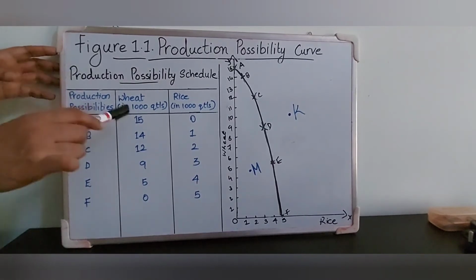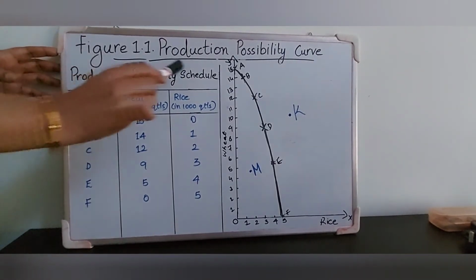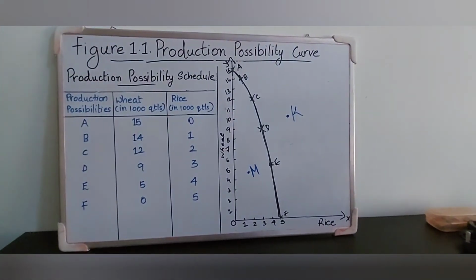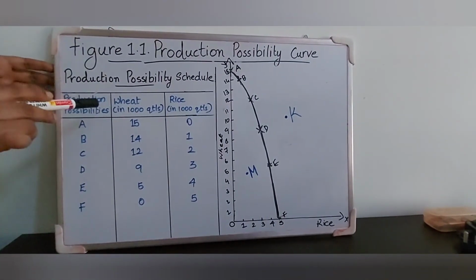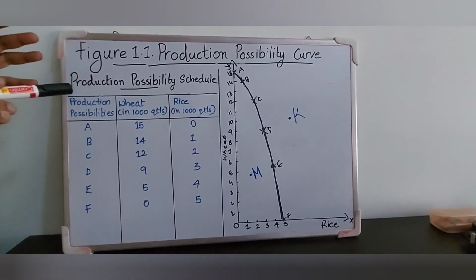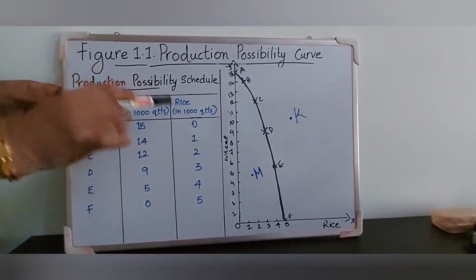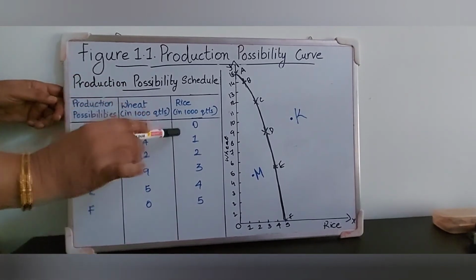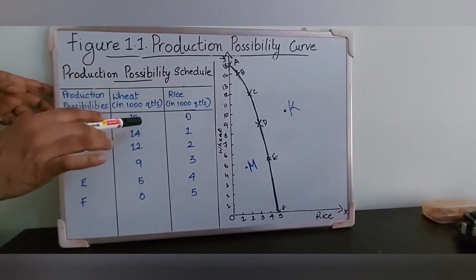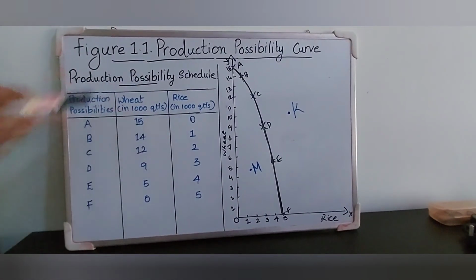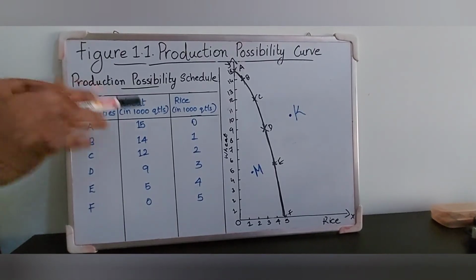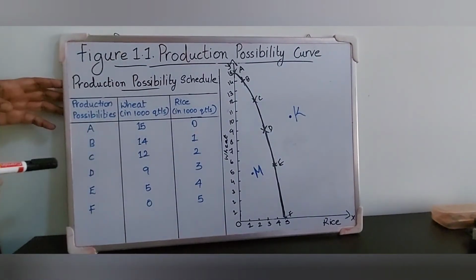The assumption of production possibility schedule and production possibility curve is that the resources in the economy are fixed. They are limited. With the given resources, only two goods can be produced. And the production techniques are given and fixed. These are the three assumptions of production possibility curve.